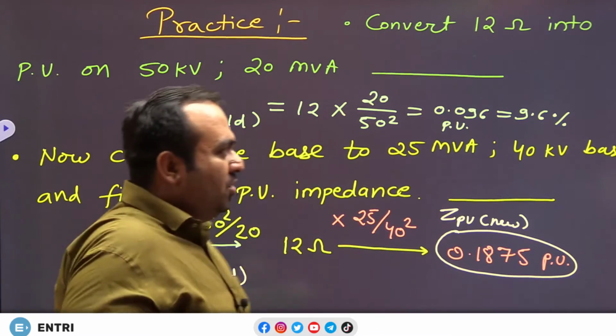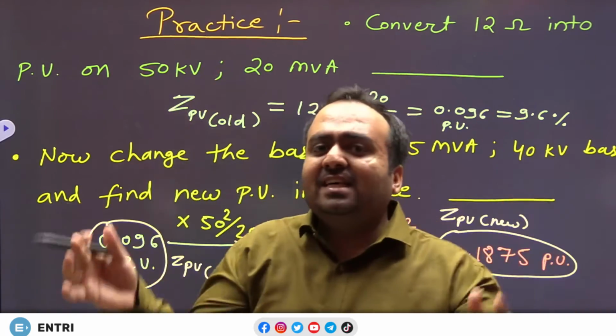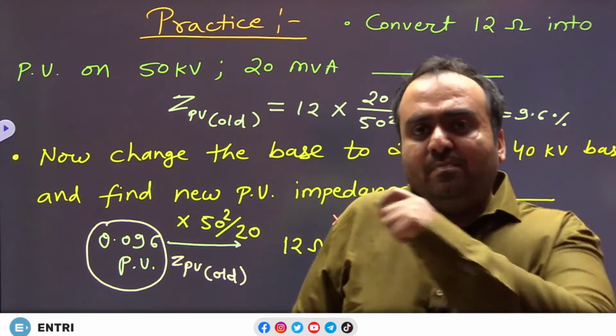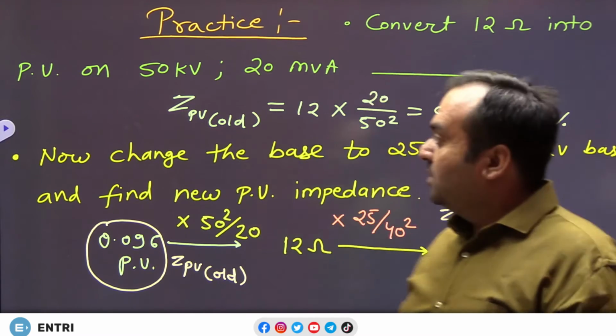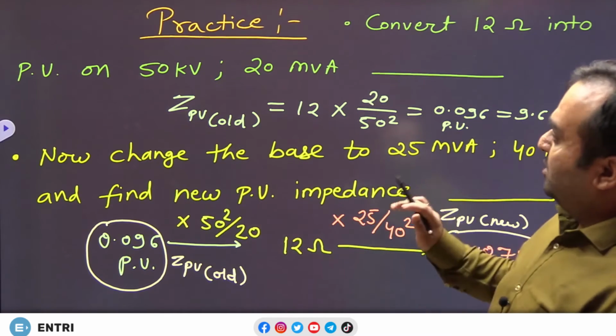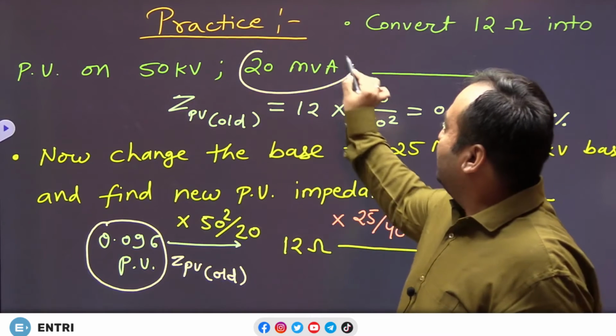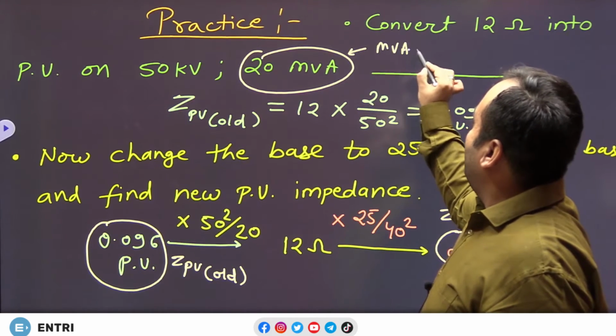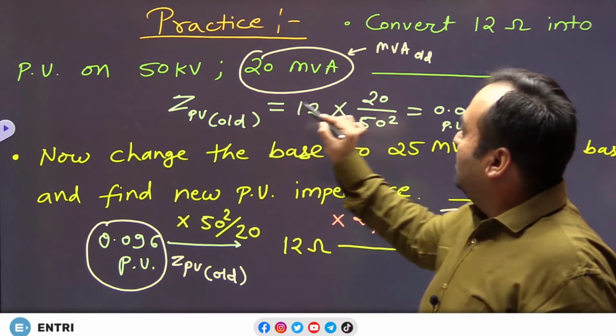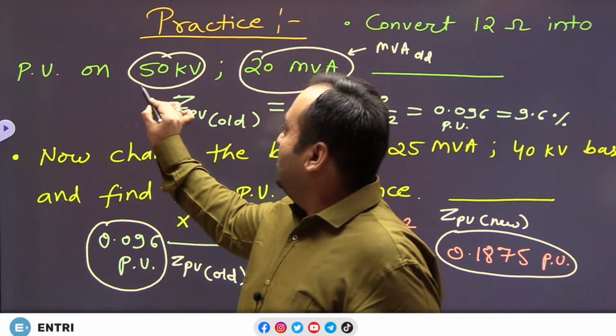Now I just want you to pause here and recollect the entire slide and then start playing it again. So old values will go with old values. Let me now give it the name MVA old. Let me call it KV old.